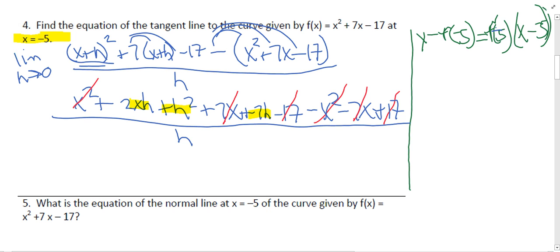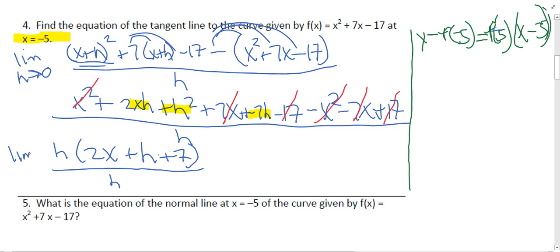And of course all those have h in common to the first power, so we'll go ahead and factor that out. So factoring out the h, we're left with 2x plus h plus 7 all over h.